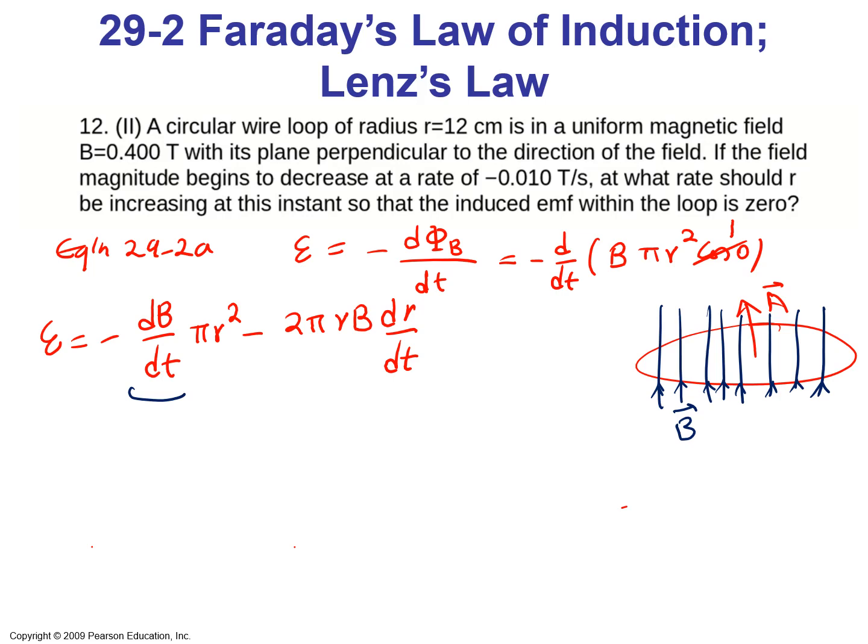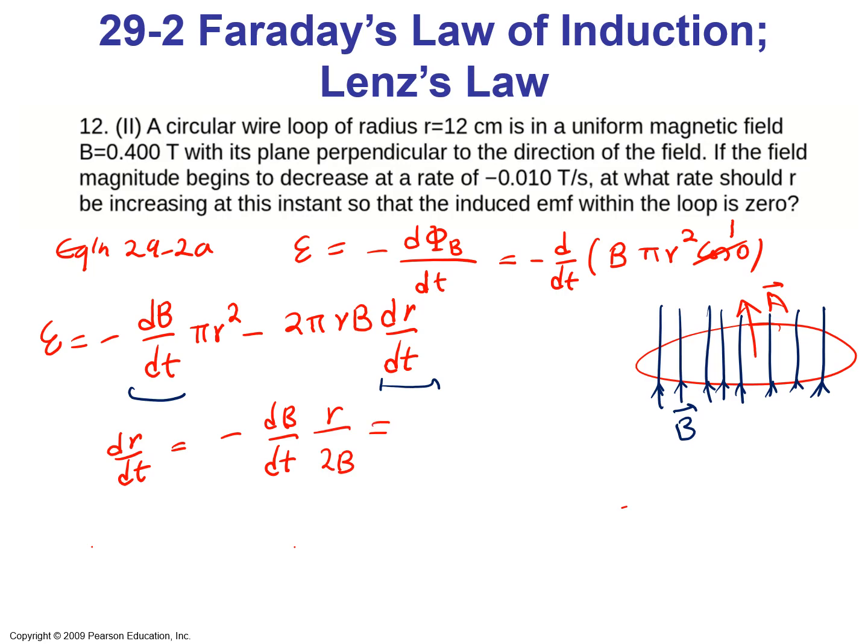Now we want to calculate the rate of the changes in the radius of the loop if we want to counteract the effect of the changes in the magnetic field. So we solve it for dr over dt, and that is equal to minus dB over dt times r over 2B.